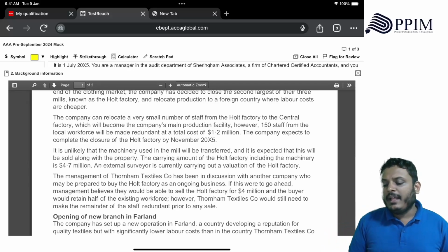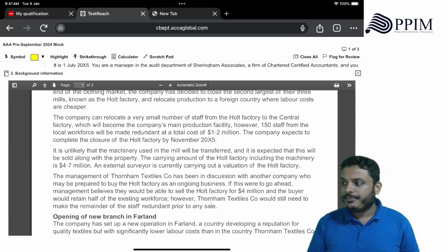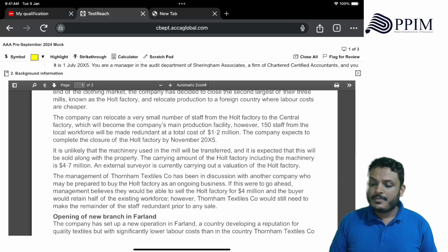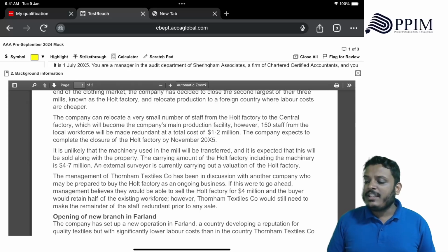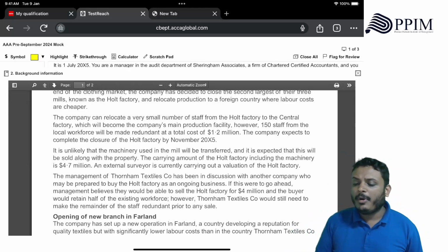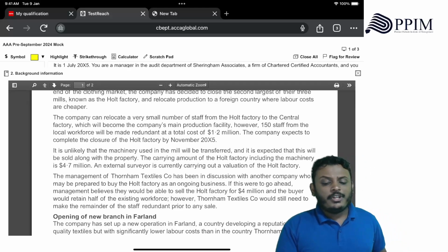It is unlikely that the machinery used in the mill will be transferred, and it is expected that it will be sold along with the property. The carrying amount of Holt factory, including the machinery, is 4.7 million.